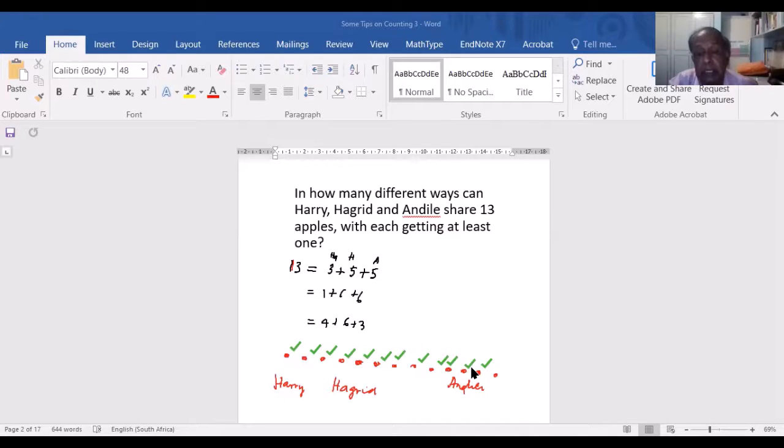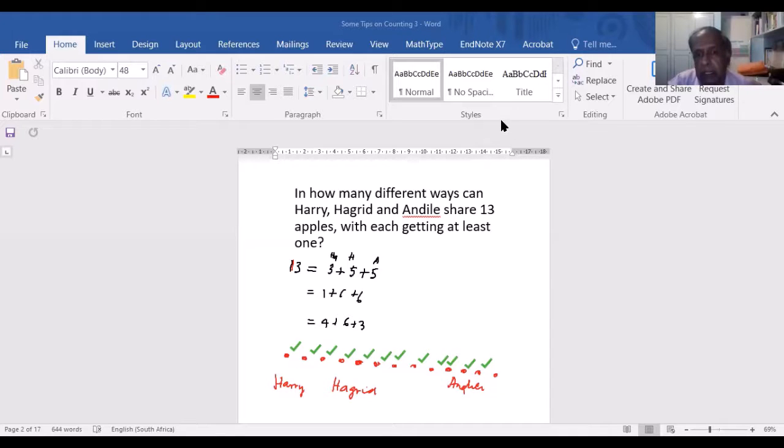So the problem is now a much more interesting problem, or much easier problem. The question is, in how many ways can you choose 2 spaces from 12 spaces, right? See, the objects here become spaces. Each time you choose 2 spaces, you get 2 vertical lines, and each time you have 2 vertical lines, you have a breakup of 13, right?